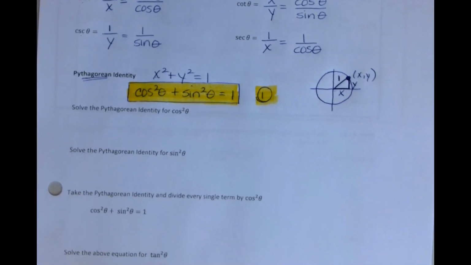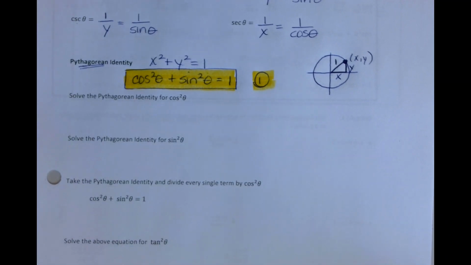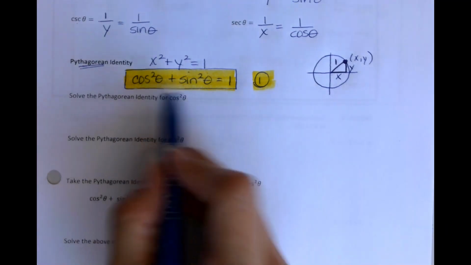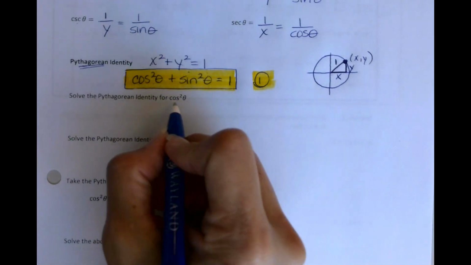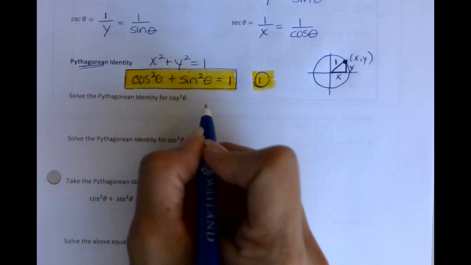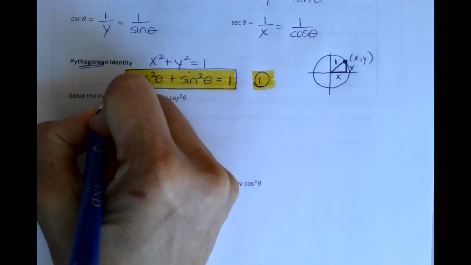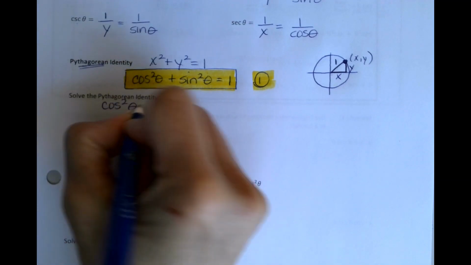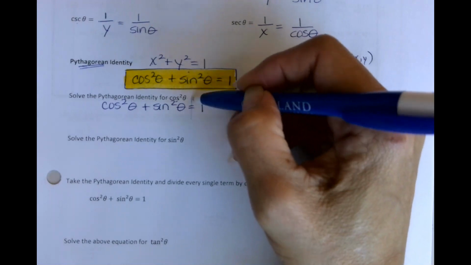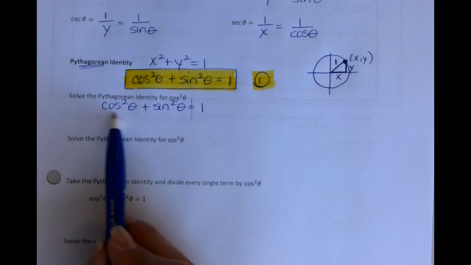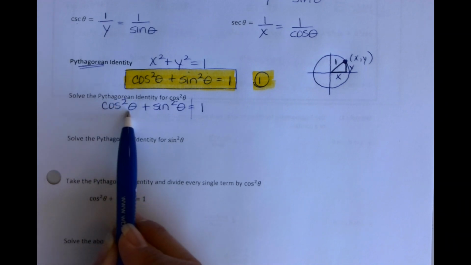So one thing I want you guys to know is that just because the trig identity is written in this format, it doesn't force us to only use it in this format. And what do I mean by that? Well, it's going to be able to be manipulated. So for instance, if I specifically only wanted to solve for cosine squared, so I'm going to rewrite my function here, cosine squared theta plus sine squared theta. If I wanted us to solve for cosine squared, what I'm saying is on the left side of this equal sign, I just want the cosine squared term alone being solved for, isolated.